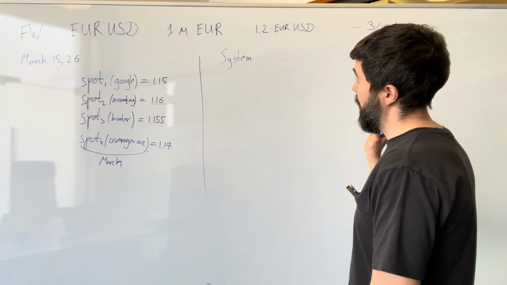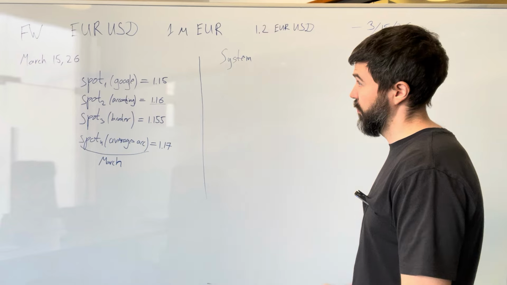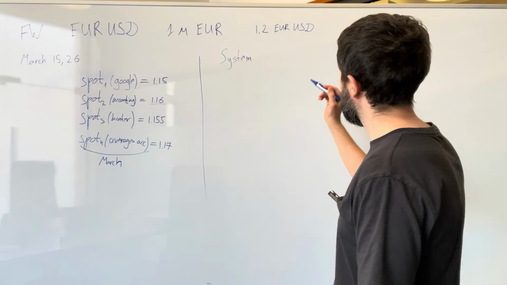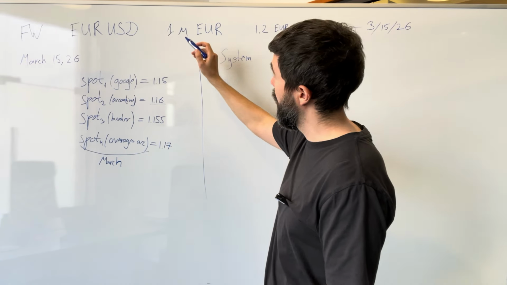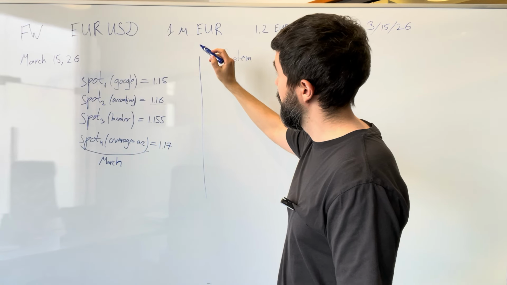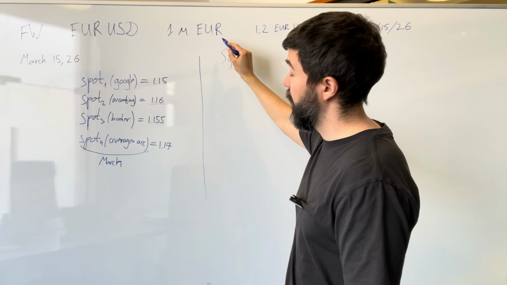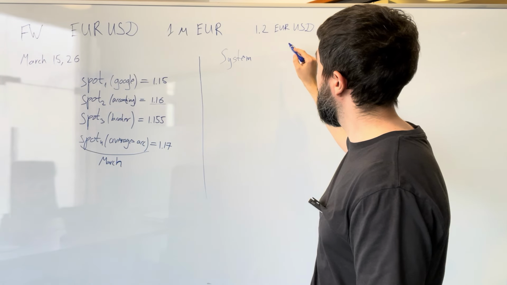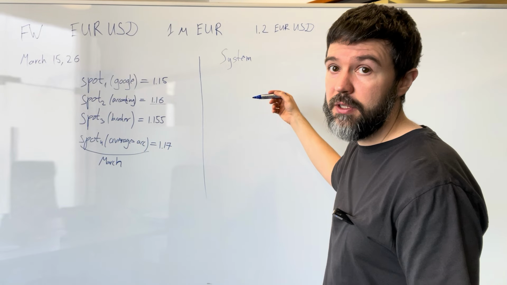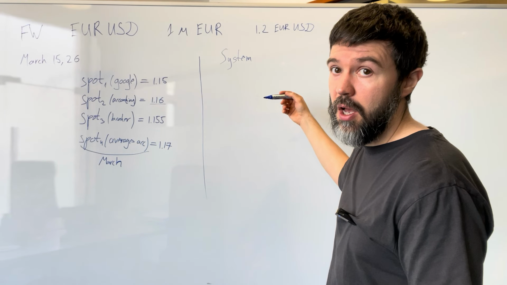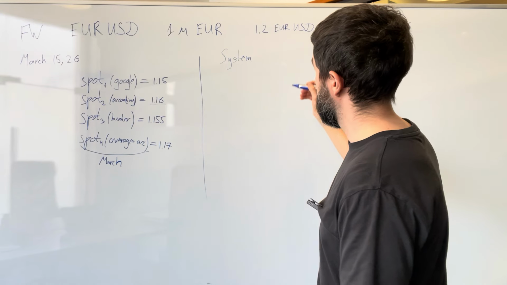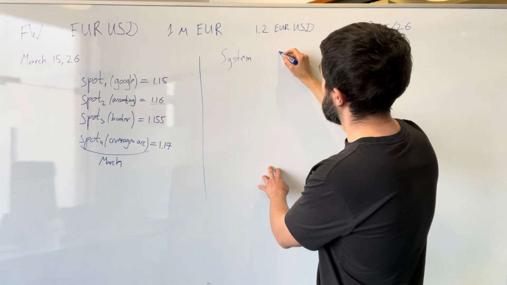The system does the following for you. At the middle of the month, in substance, you're receiving 1 million euro and you're paying 1,200,000 United States dollars.